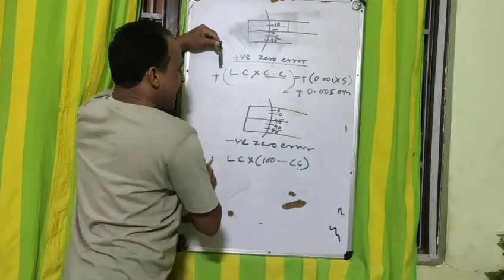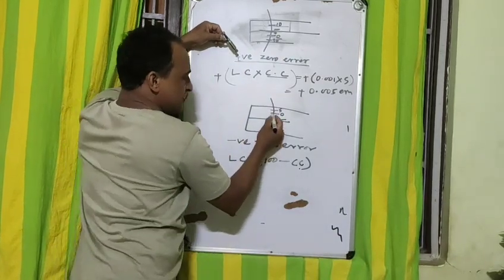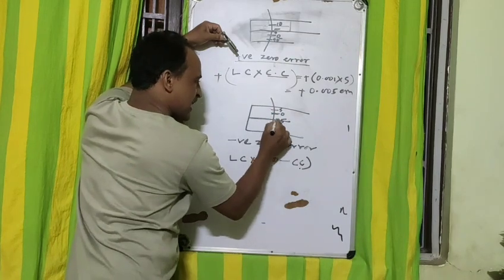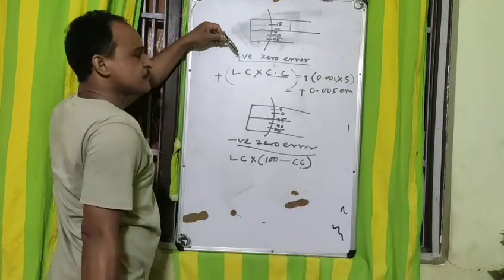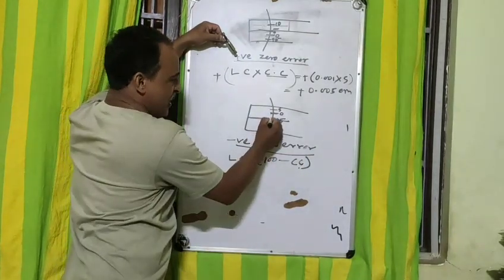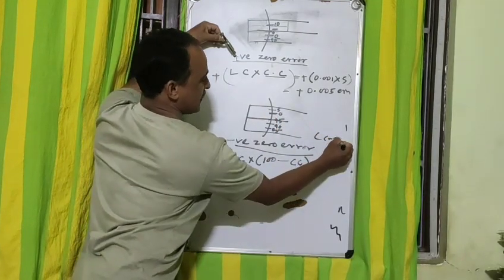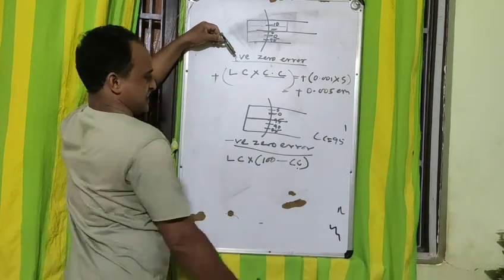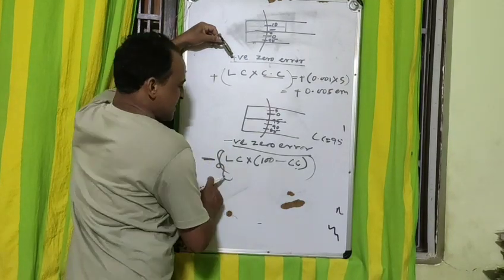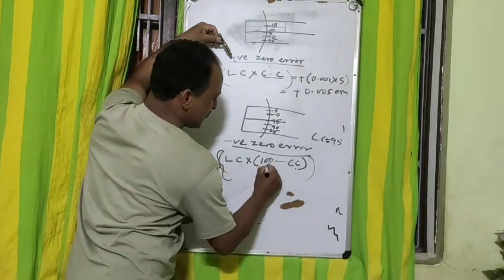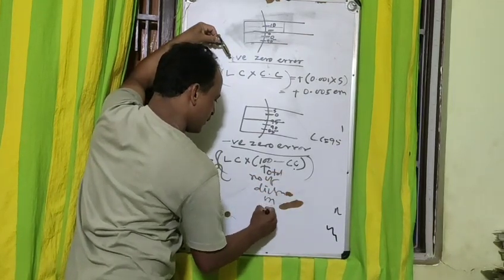In the same way, after stud A and the sleeve are in close contact, if the circular zero is above the baseline, then this is called negative zero error. Your CC is which number? Here it is 95. That is the circular coincidence. Then the negative zero error is minus LC into (100 minus CC), where 100 is the total number of divisions on the circular scale.